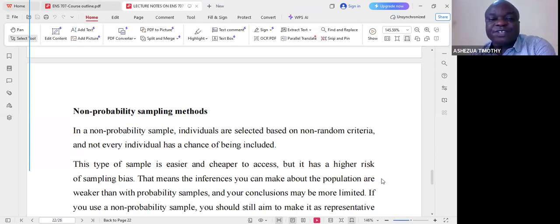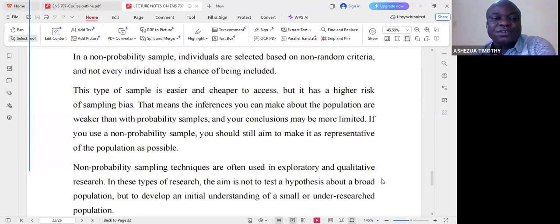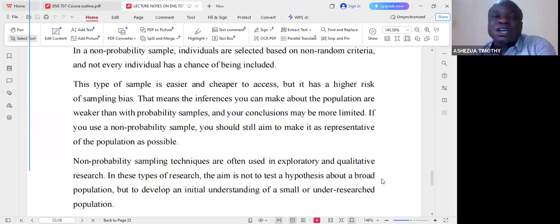That means the inferences you can make about the population are weaker than with probability samples, and your conclusions may be more limited. If you use a non-probability sample, you should still aim to make it as representative of the population as possible.